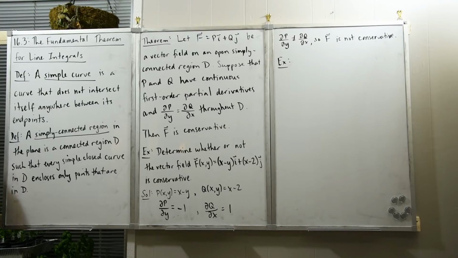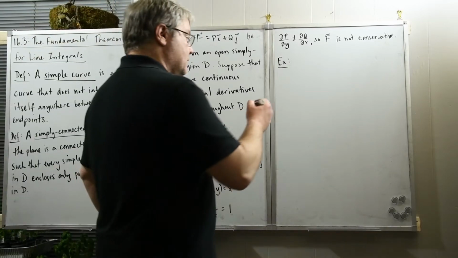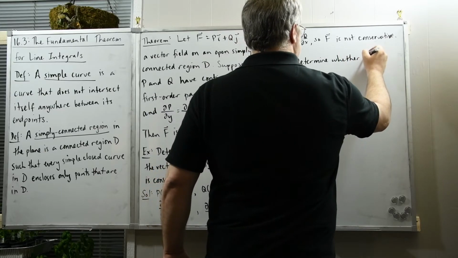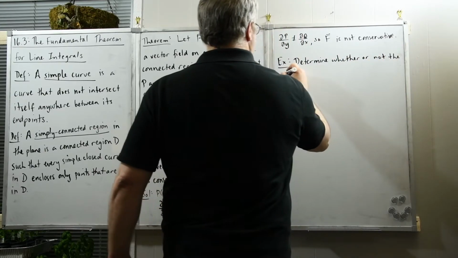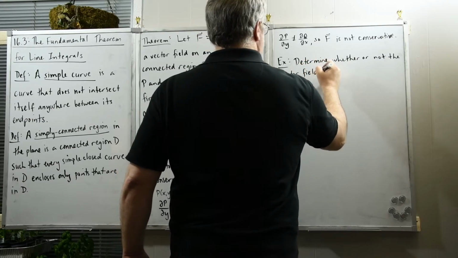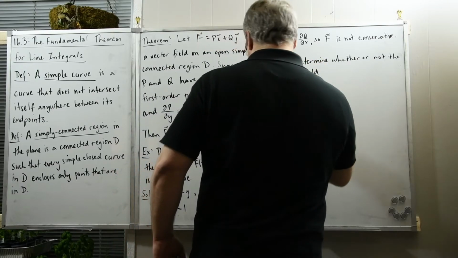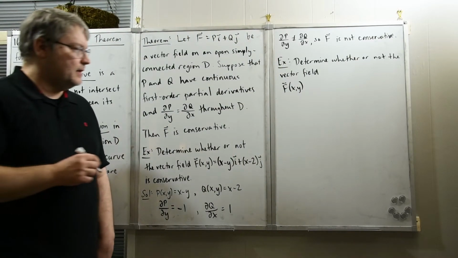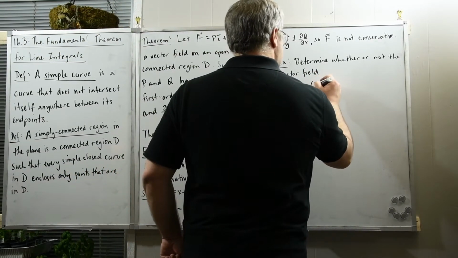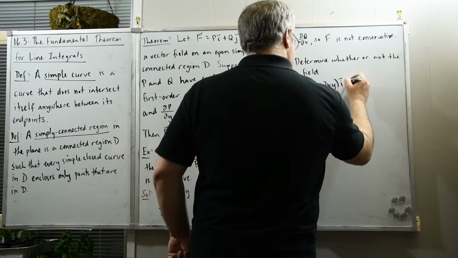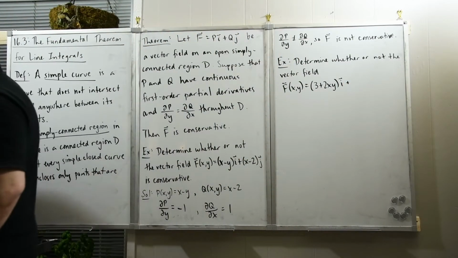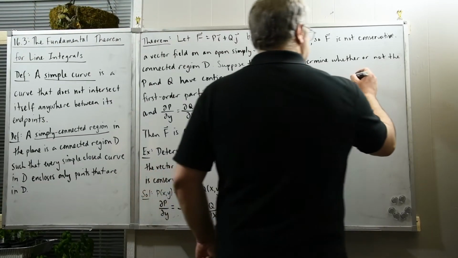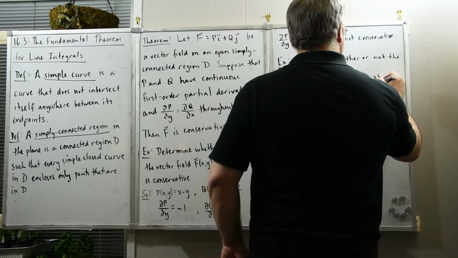But let's take a look at another example. And so in this case, we're going to have F of x, y equals (3 plus 2xy) times i plus (x squared minus 3y squared) times j.